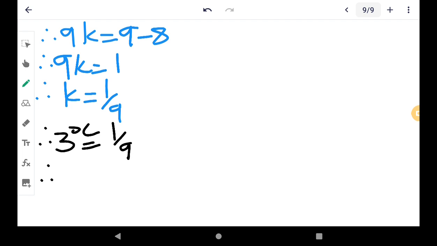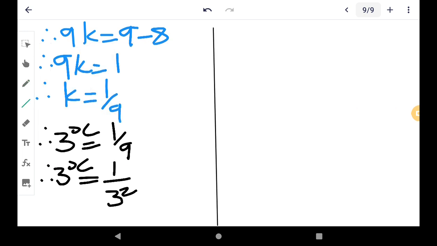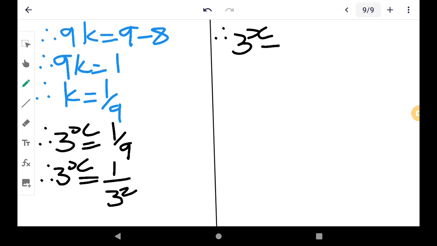But 9 can be written as 3 to the power of 2. So that is 3 to the power of x equals 1 over 3 to the power of 2. Therefore, 3 to the power of x equals, let's take this to the top.